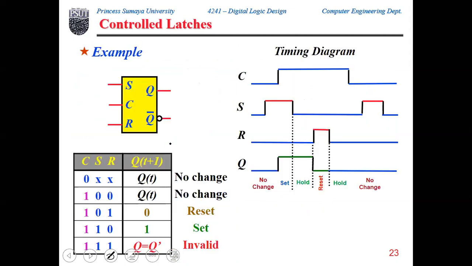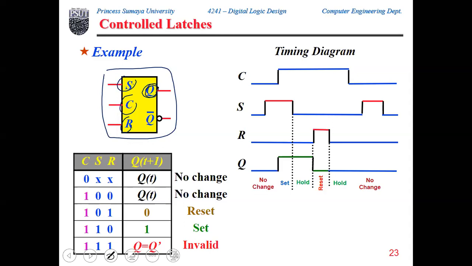So let's look at an example here. We have an SR latch, so we have two inputs, S and R, and control, now a clocked SR latch, and the stored value. And we want to change S, C, and R to follow a certain pattern and see how this affects the stored value.